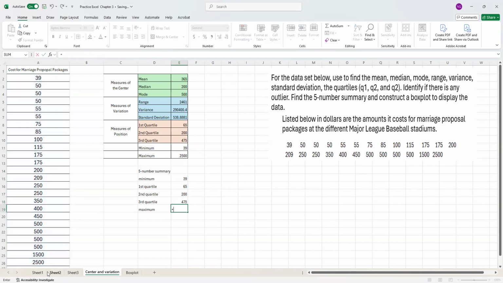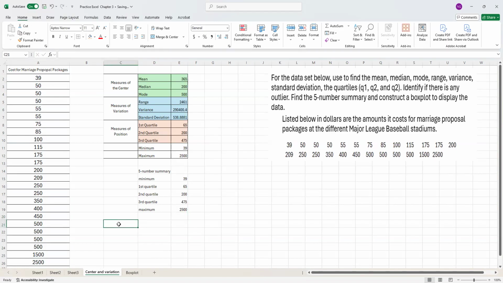Now, the maximum, again, we know you select all the data, close parentheses, and that gives you the maximum. So you need these 5 pieces of information in order to construct the box plot. But also, if you want, you can verify if there are any outliers.